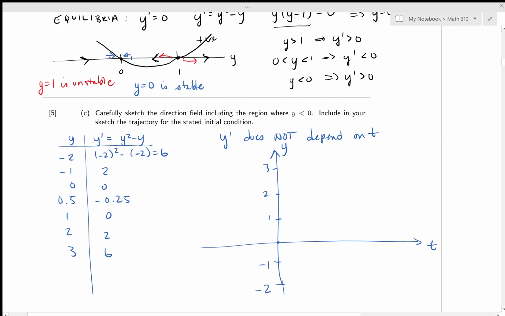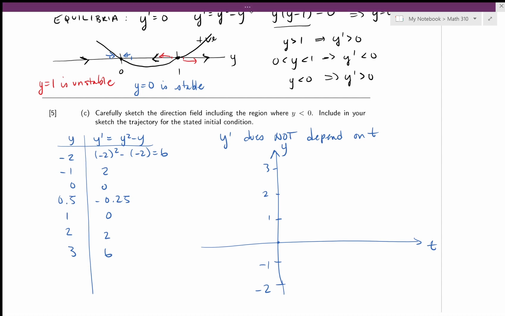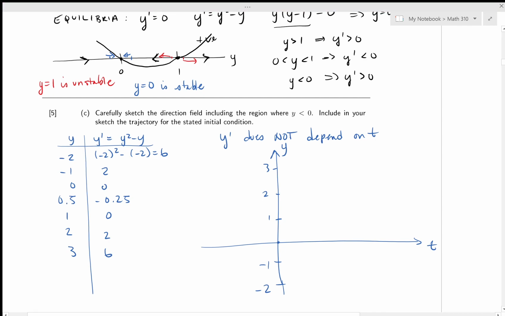I see that when y is -2, the slope is 6, so that is a very steep slope. Let's draw that right here. When y is -1, it's still quite steep, a slope of 2, but a little bit less steep. When y is 0, there's a slope of 0.